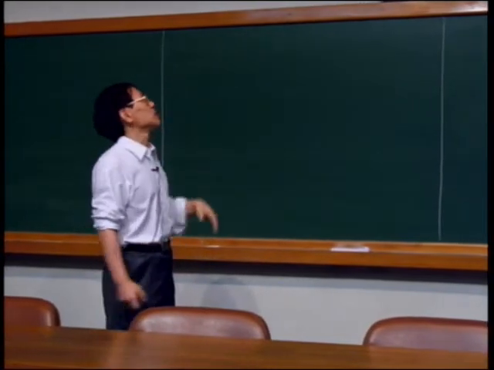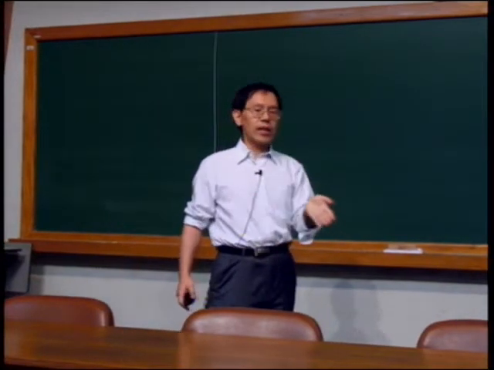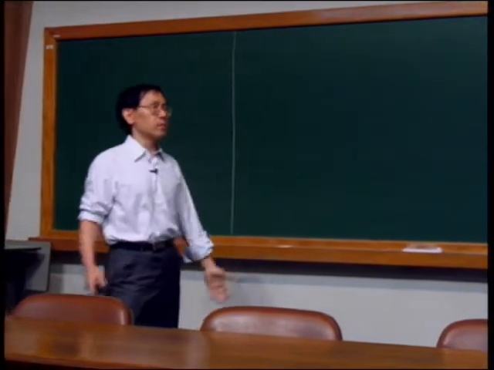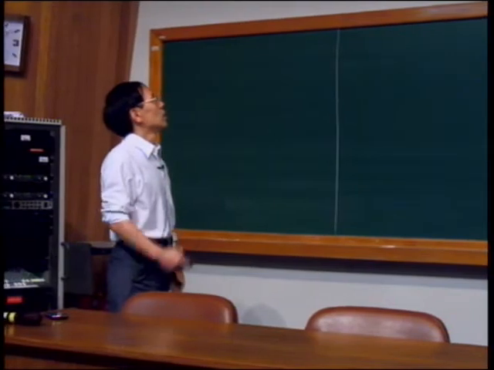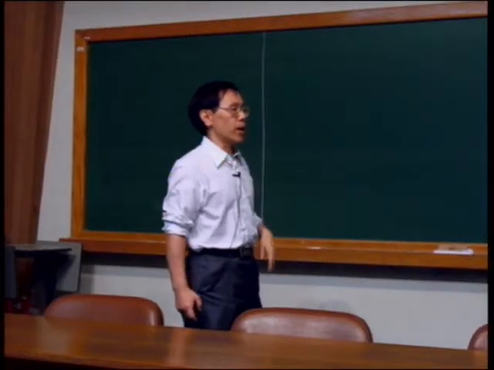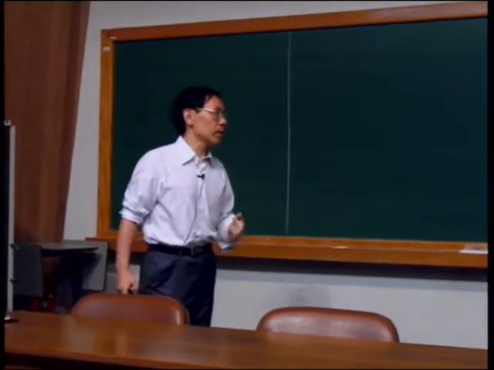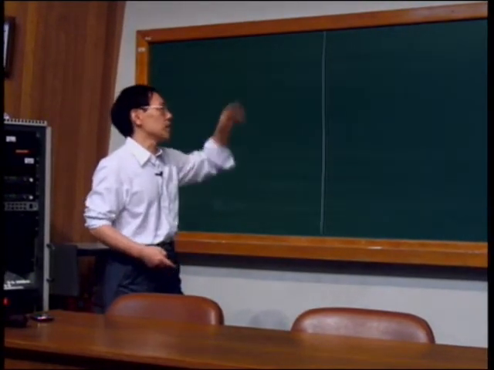In this case, you can try to find a gradient soliton so that you can study the topology in some problems more easily. Another field that many people have studied a lot is smooth metric measure spaces. That means you have a measure, then you have a Bakry-Émery Ricci tensor. I will not have time to explain this in detail.